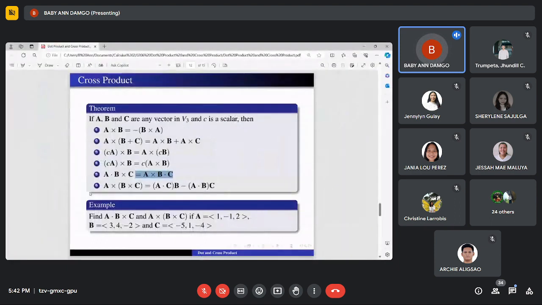Okay, so for the A cross B cross C, try to solve. This one is already solved. So how about for 2, 1?